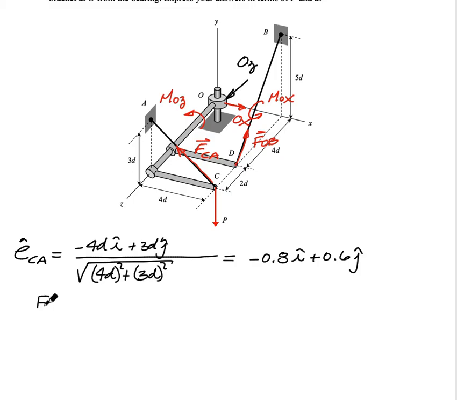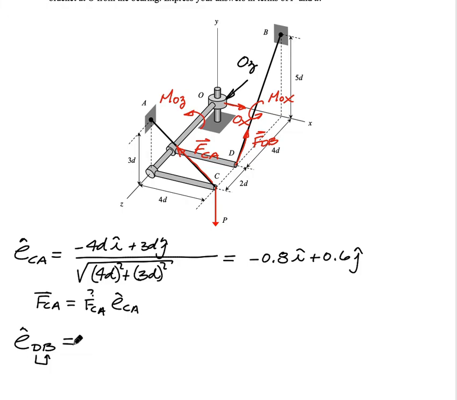So therefore, FCA is this unknown cable force FCA times ECA. We also want to write down the unit vector which extends from D to B, because that's the direction of the force on the bracket by cable DB.